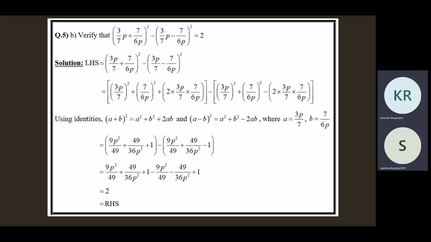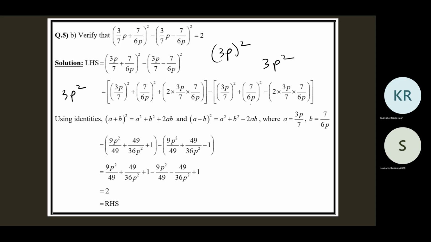And also, you have written 3p square, which is incorrect. It's 3p the whole square. And for this also, you've written 6p square. It's not 6p square. It is 6p the whole square.